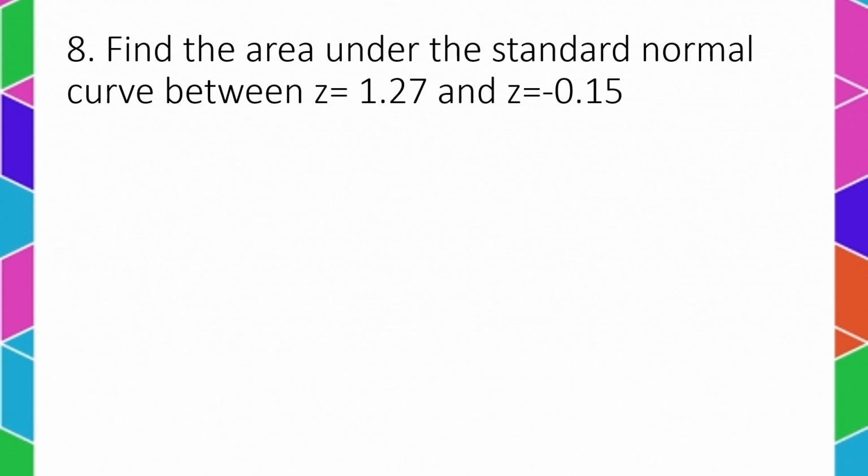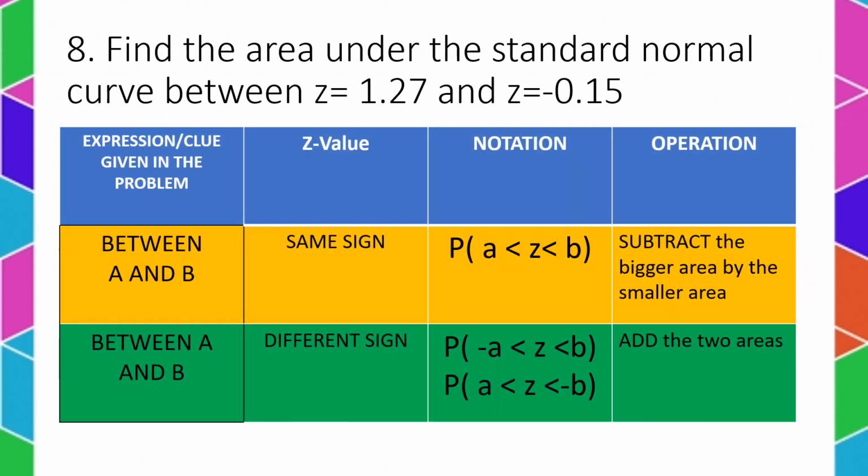So, how is this different from the first 7 examples? So, we have 2 z values here. So, the first z is positive 1.27 and the next z is negative 0.15. So, meron din tayong clue, no? Kapag ang ginamit na expressions is between the first z and the next z.